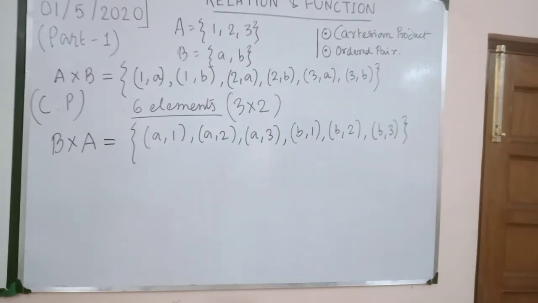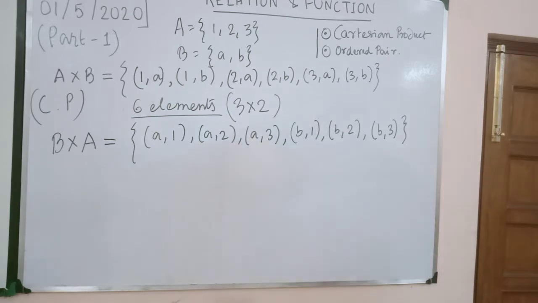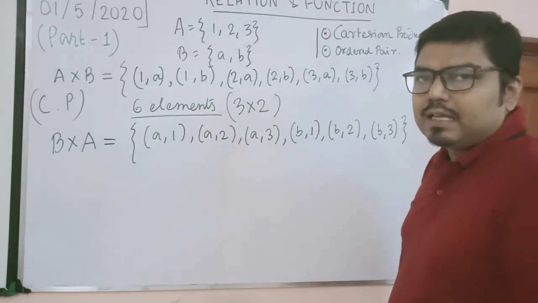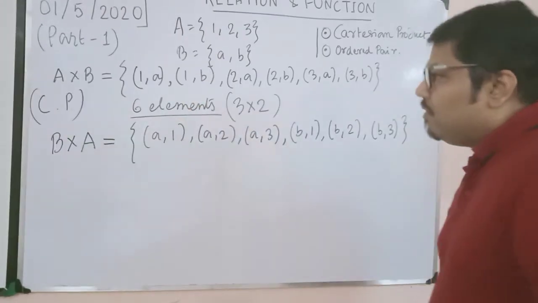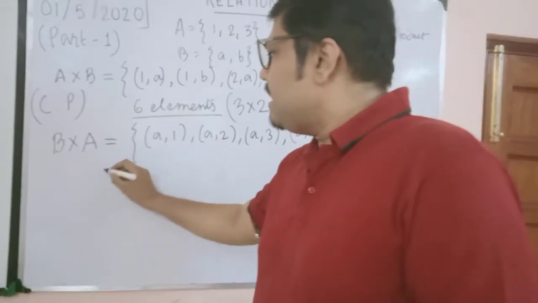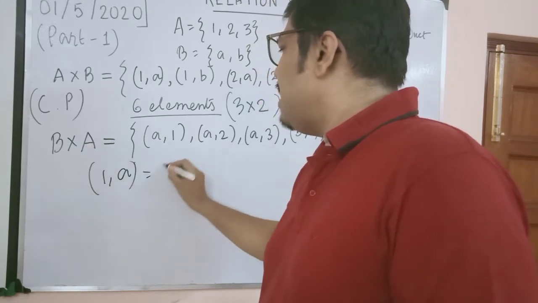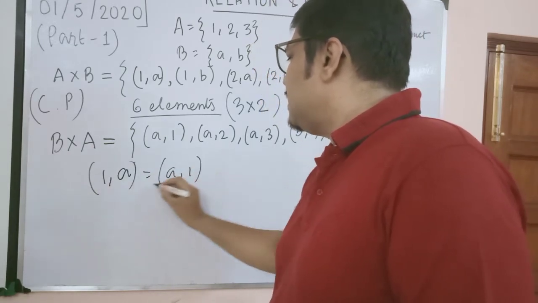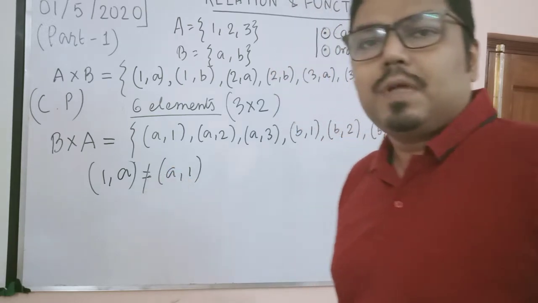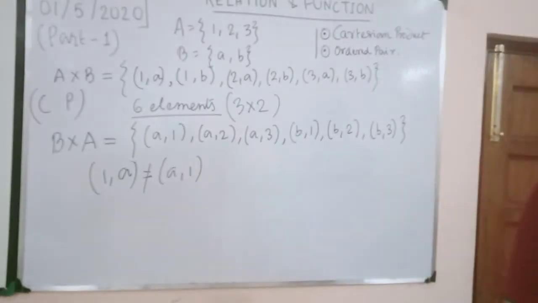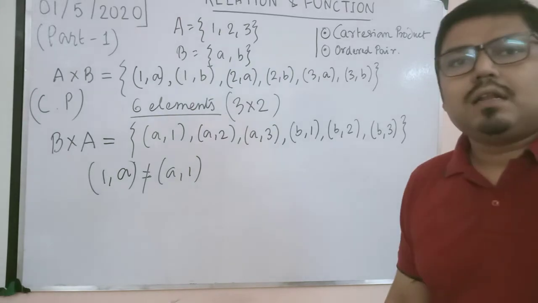Now you can well see that A cross B and B cross A do not have exactly the same elements, because (1, A) and (A, 1) are not the same.